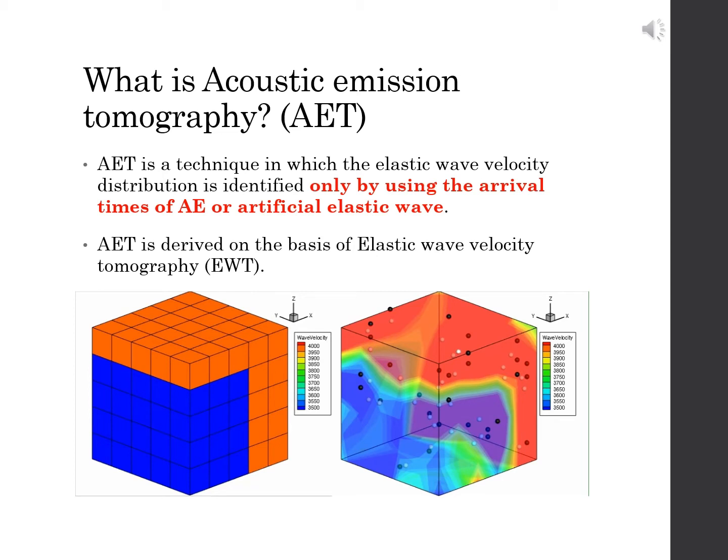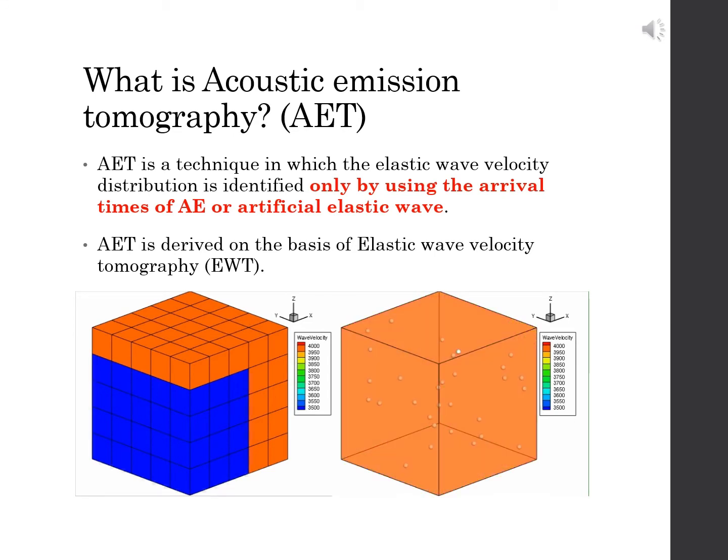In time, the elastic wave velocity distribution is getting closer to the reference elastic wave velocity distribution. However, you can see that both of the elastic wave velocity distributions are not identical. We can see that there are some errors in the right figure. So now we are trying to reduce these errors by changing the algorithm of acoustic emission tomography.